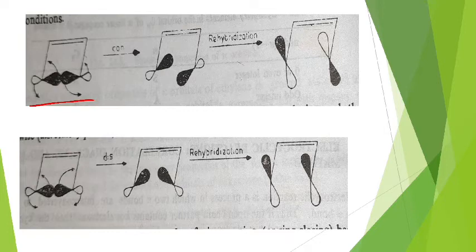If the two orbitals are rotated in a conrotatory way, then we get this type of structure. That means if the two orbitals are rotated either both in clockwise direction or both in anti-clockwise direction, then it is said to be conrotatory.